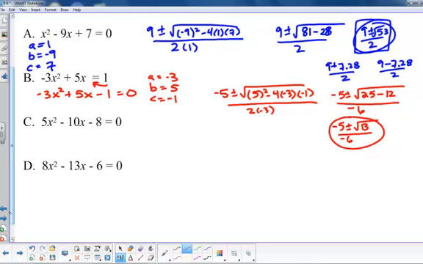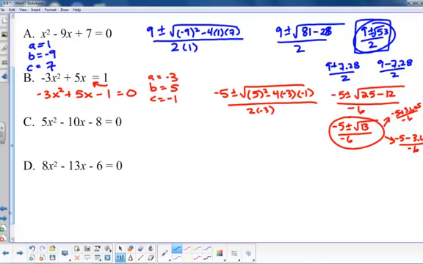You could do the square root of 13 and get 3.6055. So you could find your two decimals by negative 5 plus 3.605 divided by negative 6, and negative 5 minus 3.605 divided by negative 6, but it's not necessary.